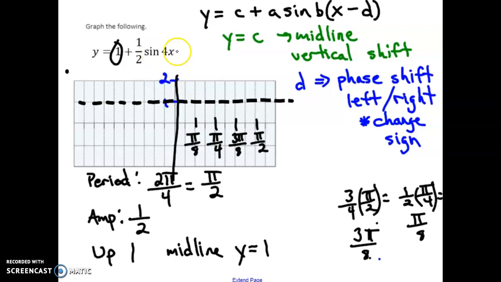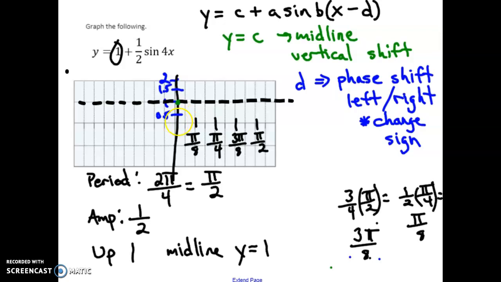So we've taken account the period, we've taken account the shift, and then my amplitude is 1/2. Let's go ahead and put that on. That means I'm going to go up 1/2, so this would be 1.5 or 3/2, and then down 1/2 from my midline. Okay, and then sine goes through the origin, and so this will give me a point right there.